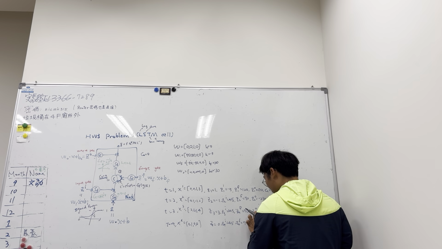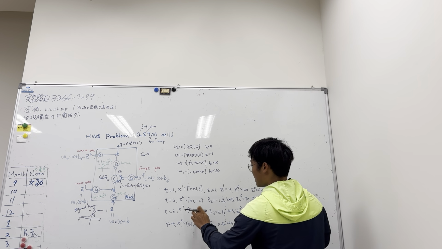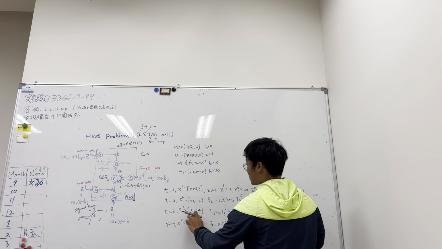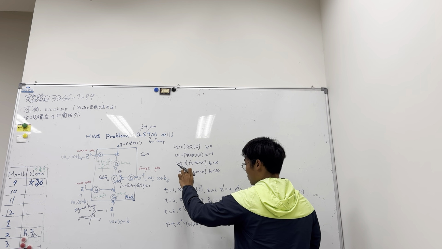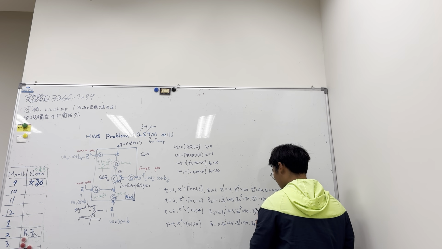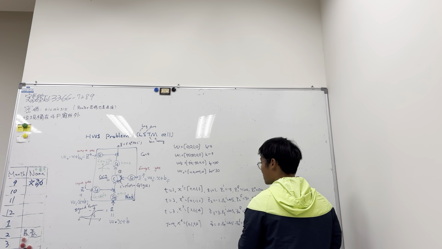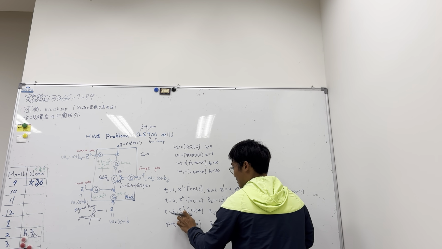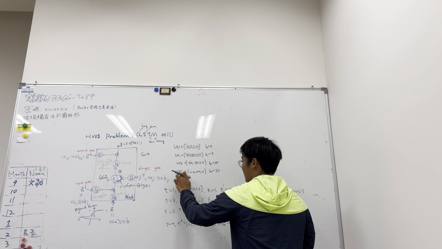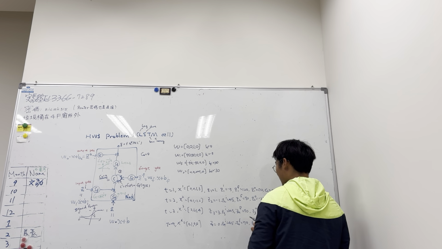Sorry, this is not Z4, it's Z3. This Z3 is X3 inner product with WO plus bO, which is 570, a big number.